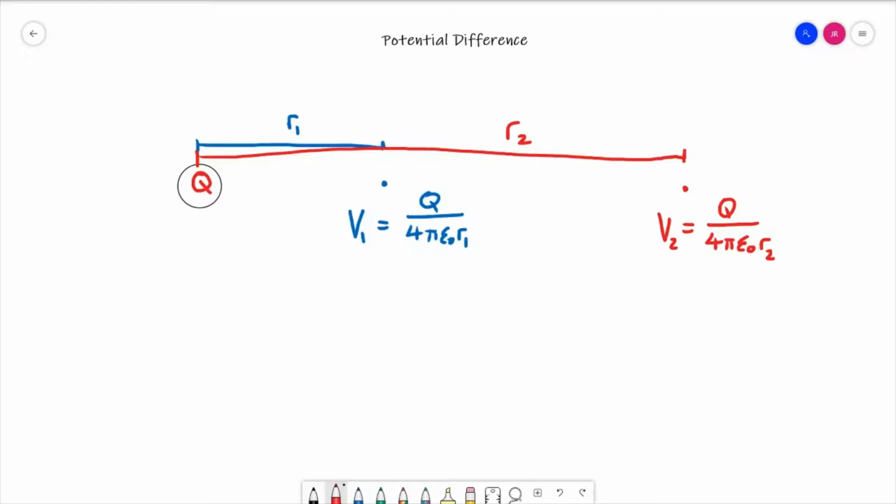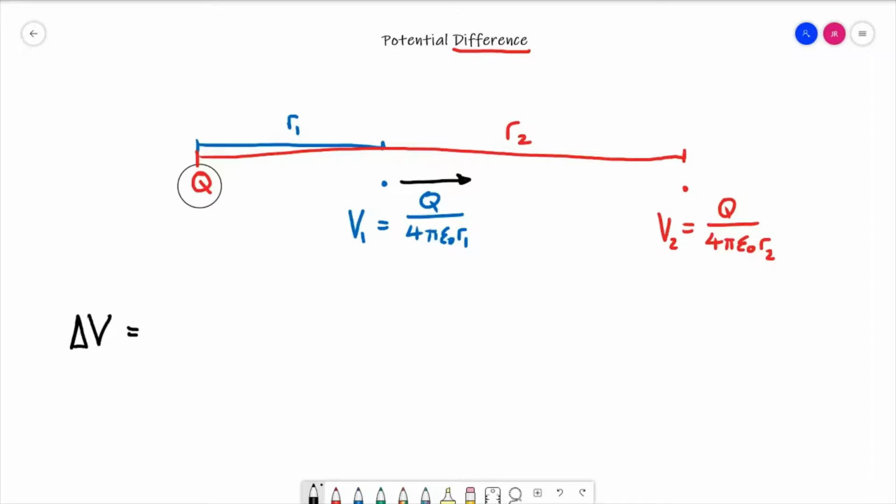Well, if we think about potential difference, we have the word difference in the title, and difference just means one thing subtract from another thing. Because we started at V1 and we are moving to V2, we will have a change in potential, delta V, and therefore a potential difference.